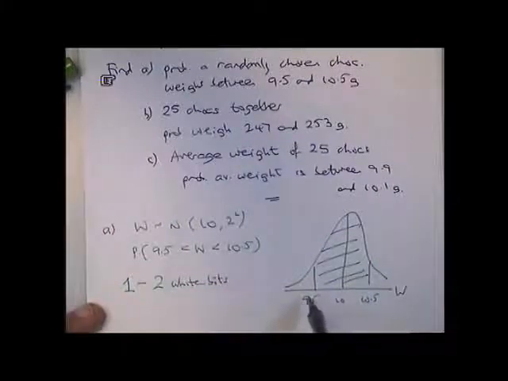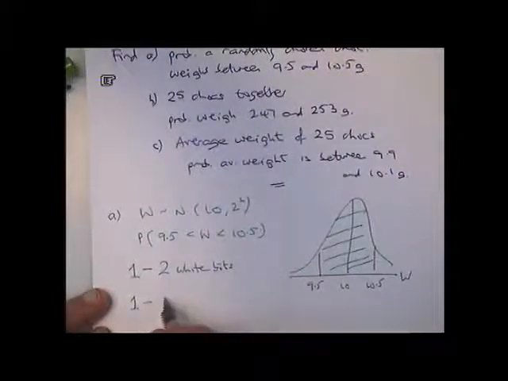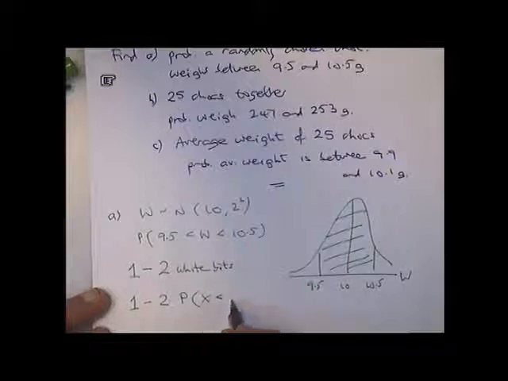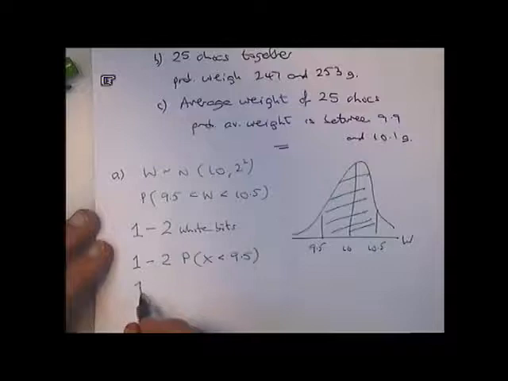Basically, if you take 2 white bits away, you get what you want, so 1 minus twice the probability that X is less than 9.5. And then you can just do that as a straightforward normal phi-ing question.